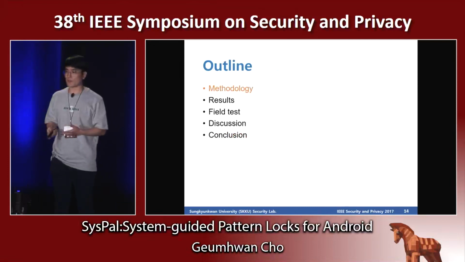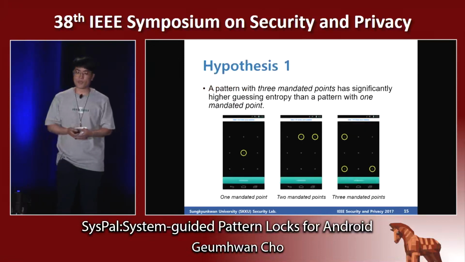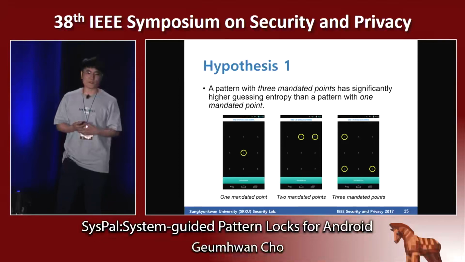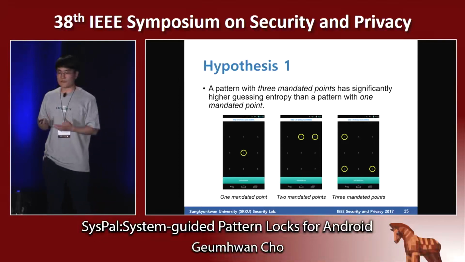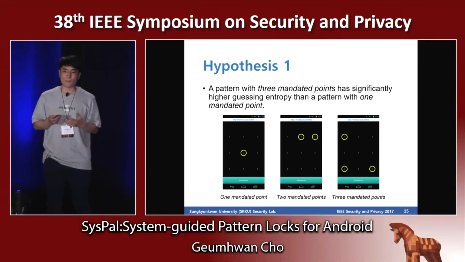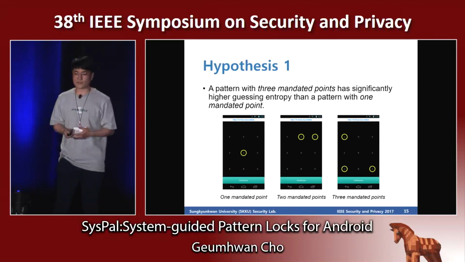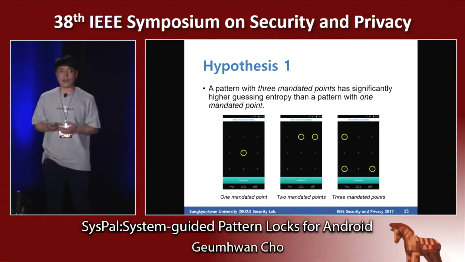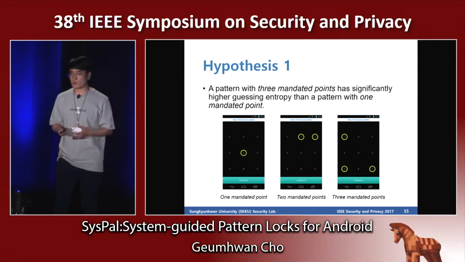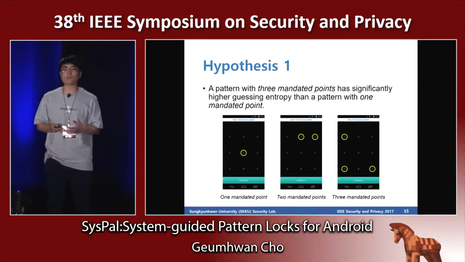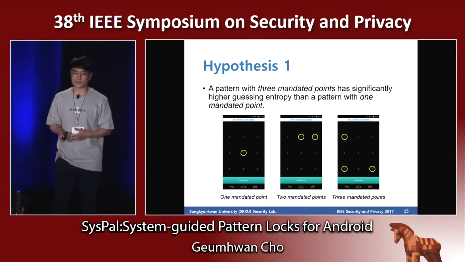First, I'm going to explain our methodology. We define 3 hypotheses. The first hypothesis is that a pattern with 3 mandated points has significantly higher guessing entropy than a pattern with 1 mandated point. It means that if people have more mandated points, they may choose a more secure pattern.